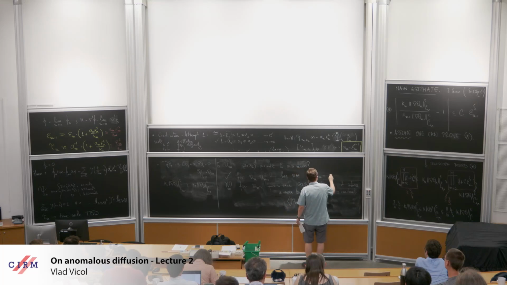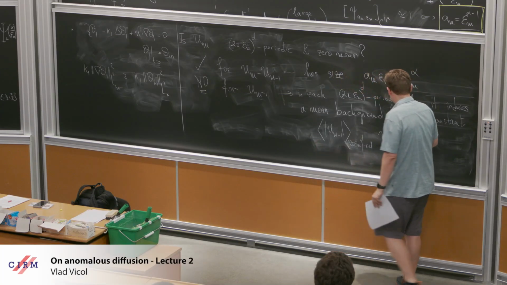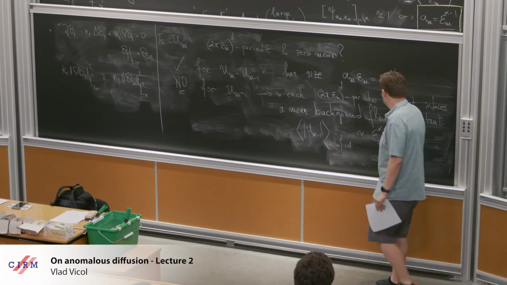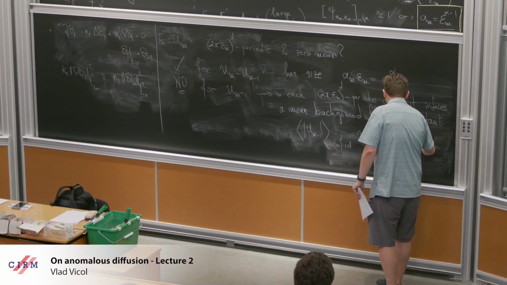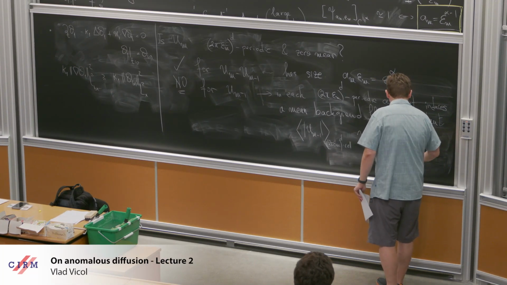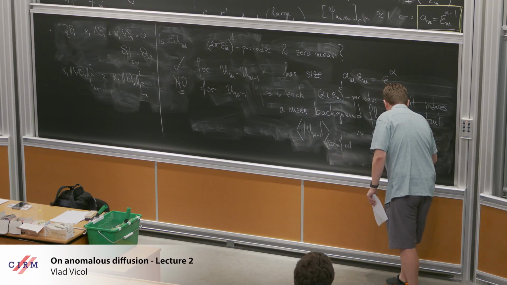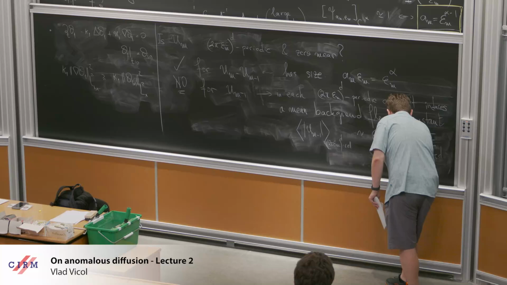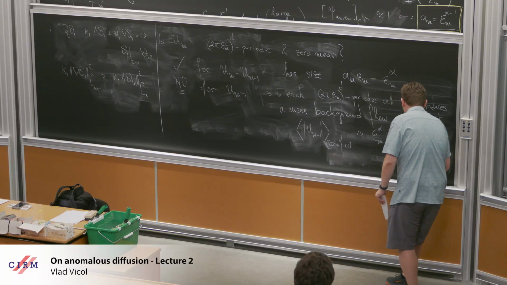And by definition, this number compared to this number is huge. So this is huge when compared to epsilon m to the alpha.